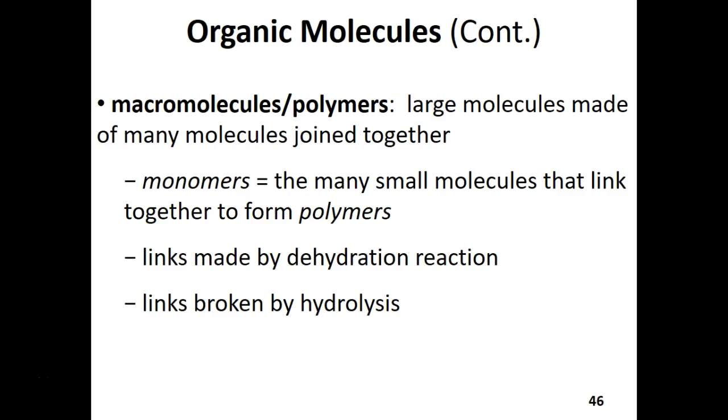So organic molecules can form huge structures. These large structures are called macromolecules or polymers, and they're made up of multiple smaller subunits called monomers. So monomers make up polymers.